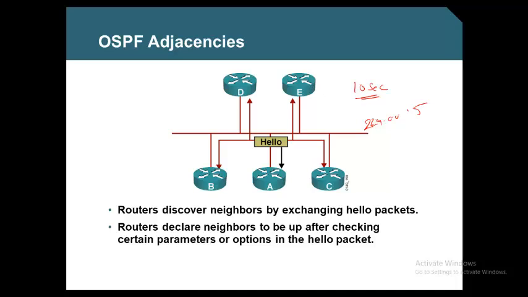If I change the timer from default to something else, then I have to change it on the neighbor as well. Timer, stub, authentication type, authentication string. Actually, OSPF supports two types of authentication. Type 1 is clear text. Type 2 is MD5. Should match.